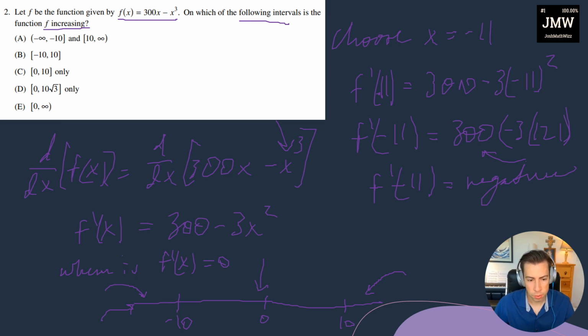So f prime of negative 11 is negative. Okay, so now let me erase all this.